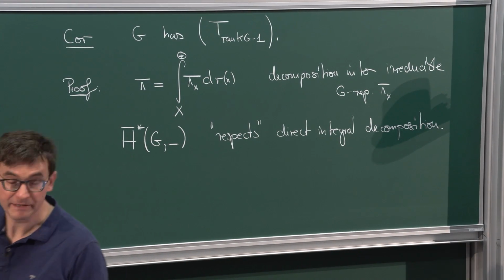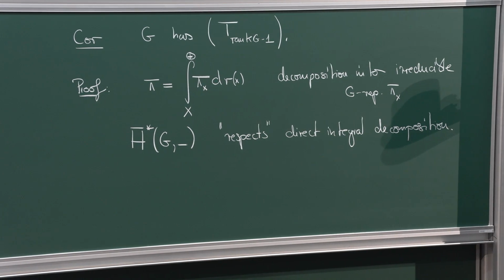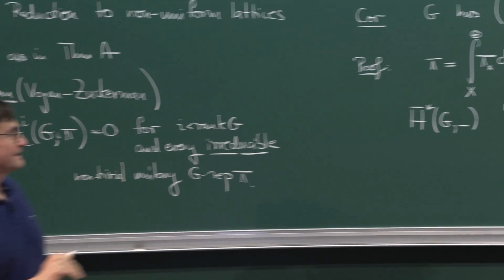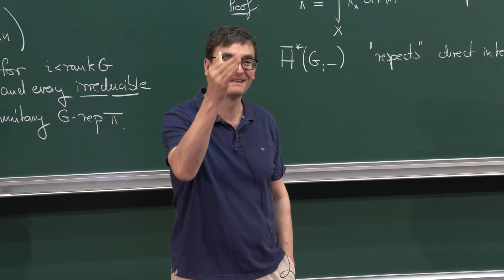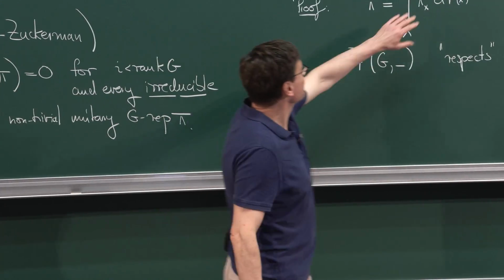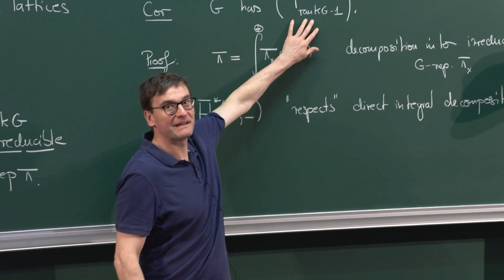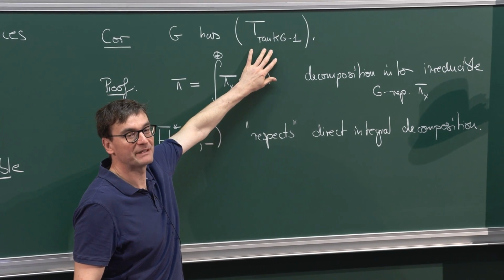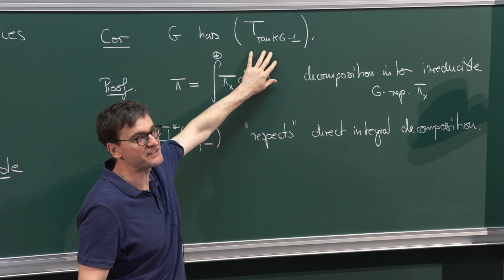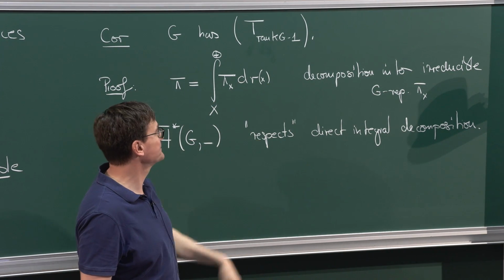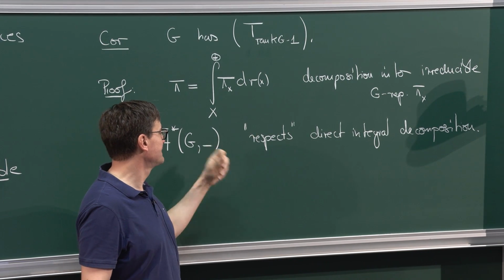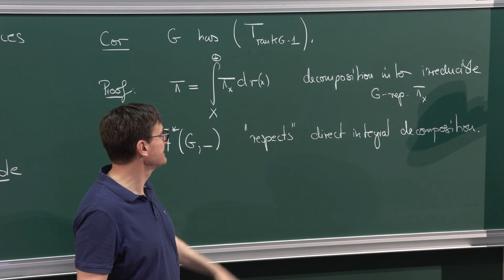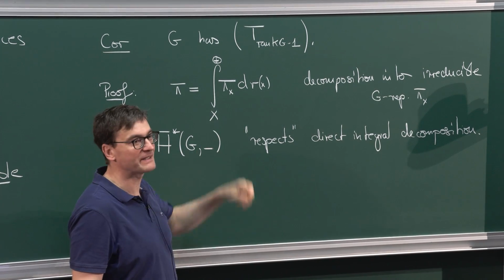And an example actually was yesterday mentioned by Antonio when he said, oh, these nilpotent groups, they satisfy this, not this property, but this property when you replace cohomology by reduced cohomology. And actually that's a good example, because if you take this decomposition and your G is nilpotent, then the ordinary cohomology of all these pi_x will vanish.